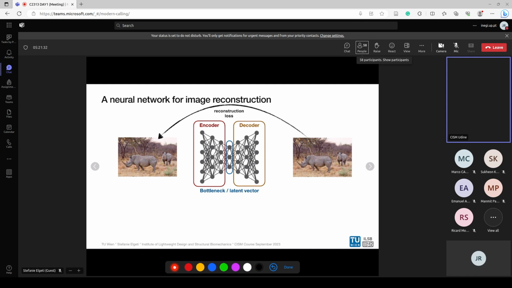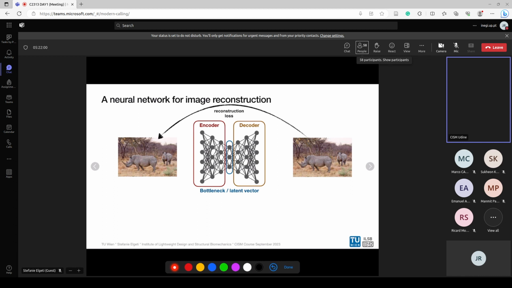But if we look at this network more closely, then we have this so-called encoder part. We have a so-called bottleneck or latent vector, and we have a so-called decoder. Now, if we train with the pictures, then at some point automatically we will get a low-dimensional representation of our picture in this latent vector.